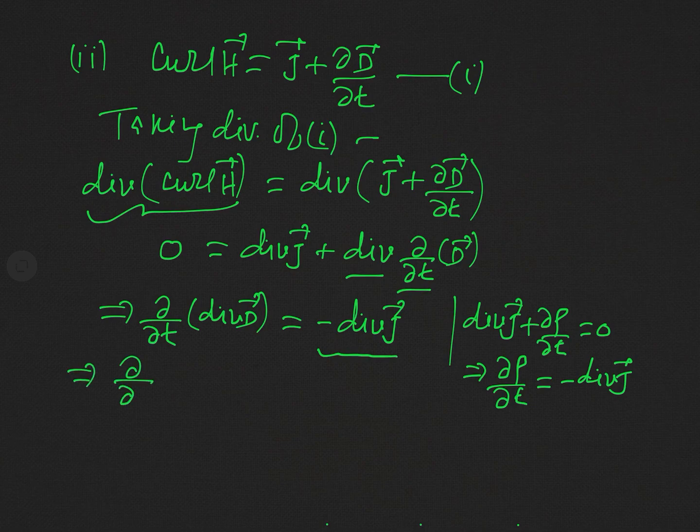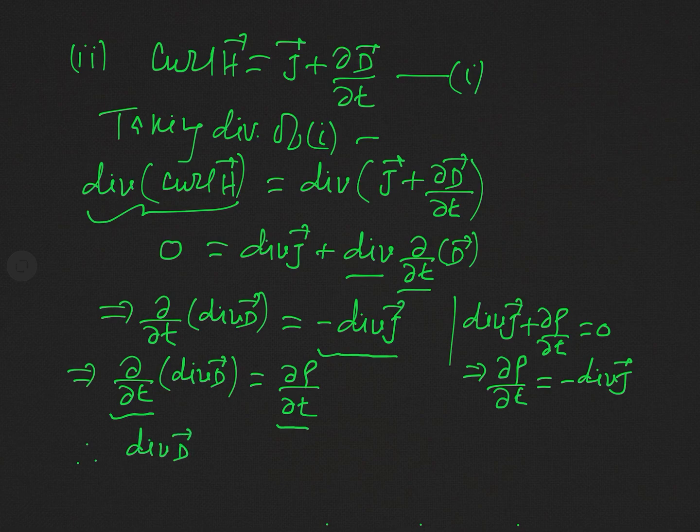So we can write del T divergence of D is equal to del rho by del T. And you can see the operator del T on both sides is the same, so the function must be the same, and we can write from here that divergence D is equal to rho, and this is another divergence equation of Maxwell.